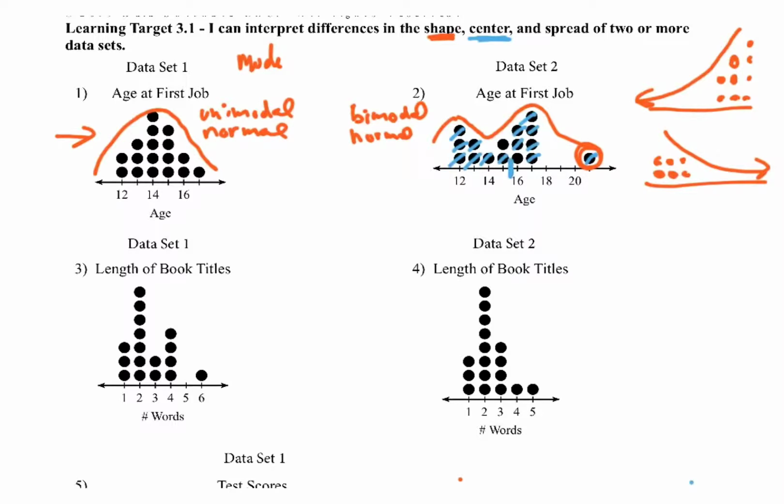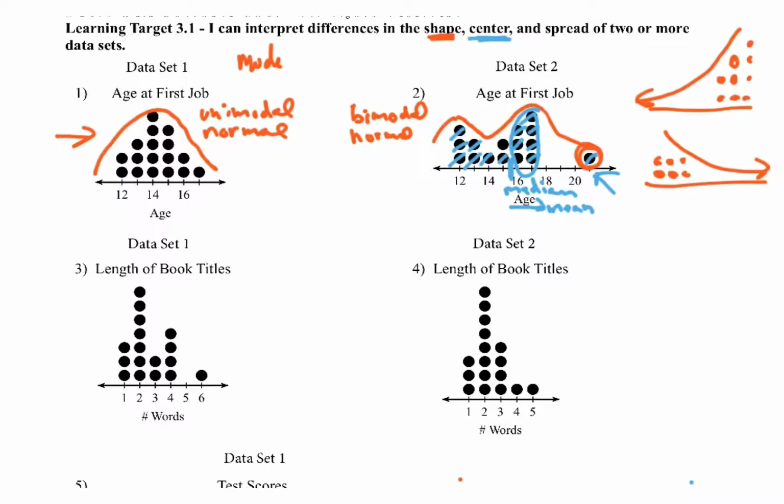So right here is where our median would be. Now our mean, because of this piece of data right here and these big pieces right here, is actually going to be pulled up higher than the median.